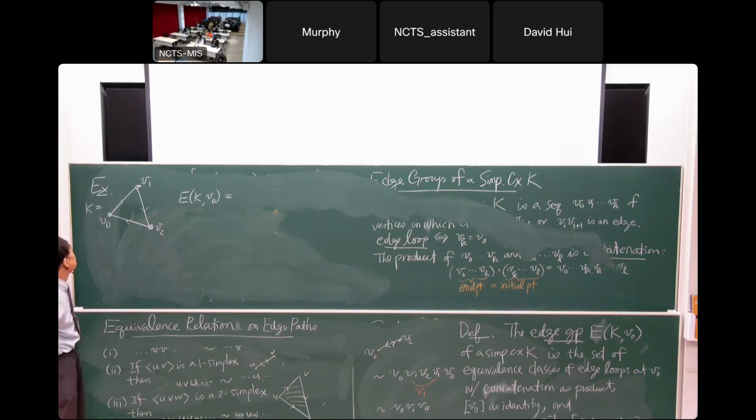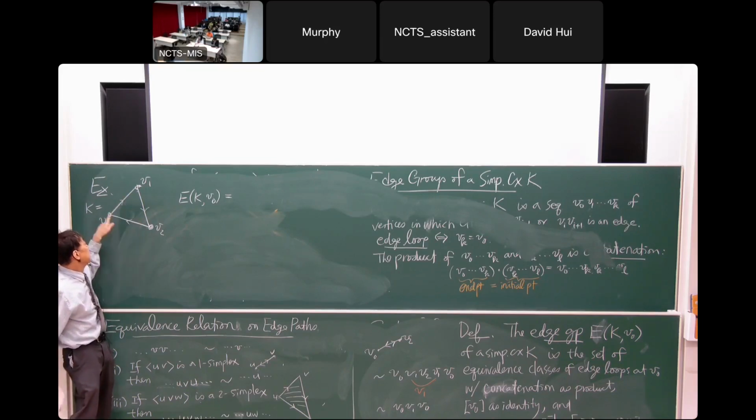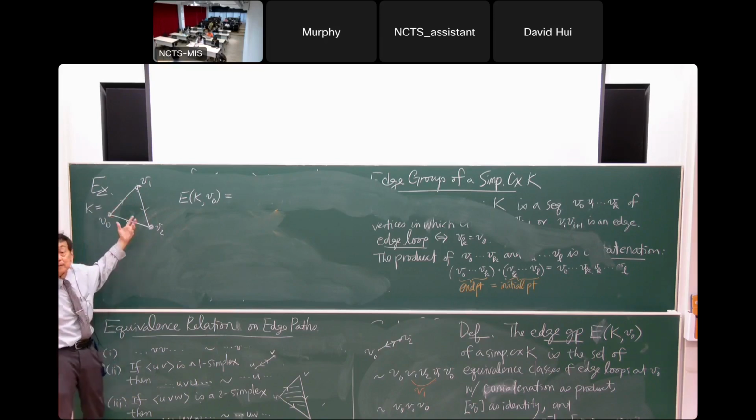And you can go around this triangle infinitely many times. So if this loop is 1, you can go around twice, you get 2, and then 3 times, 3.